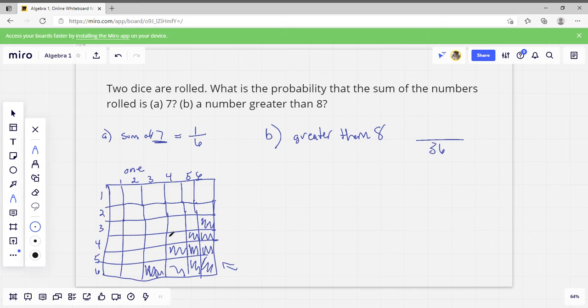So we got 1, 2, 3, 4, 5, 6, 7, 8, 9, 10. 10 chances that are greater than 8. So 10 out of 36, and that's going to reduce to 5 out of 18.